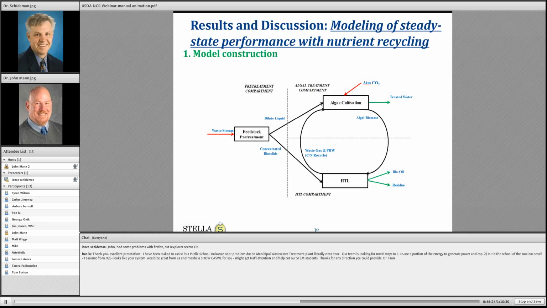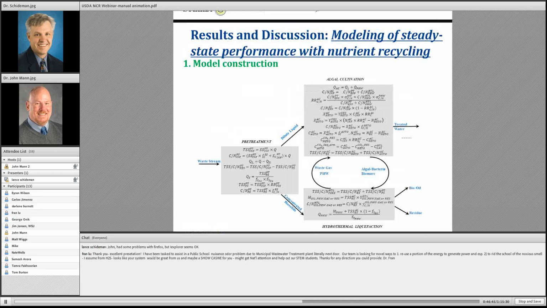We show algae going to the top, liquefaction going to the bottom, and then there's a series of things that are traded back and forth between the liquefaction and the algae cultivation. And ultimately what comes out is bio-oil, some residual ash product, and treated water on the top part of that curve.